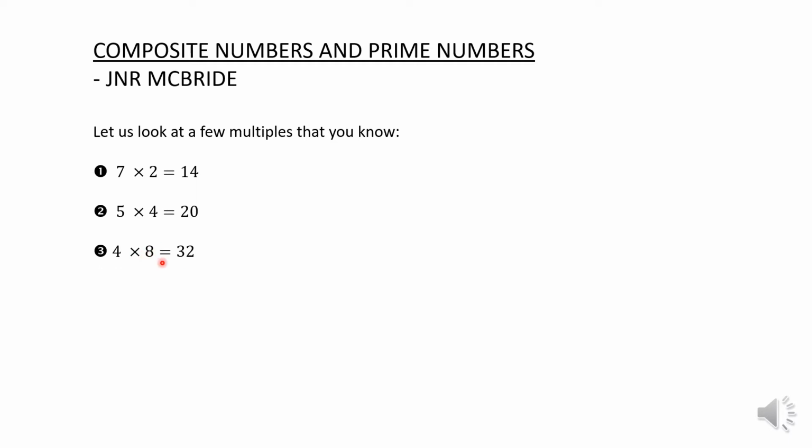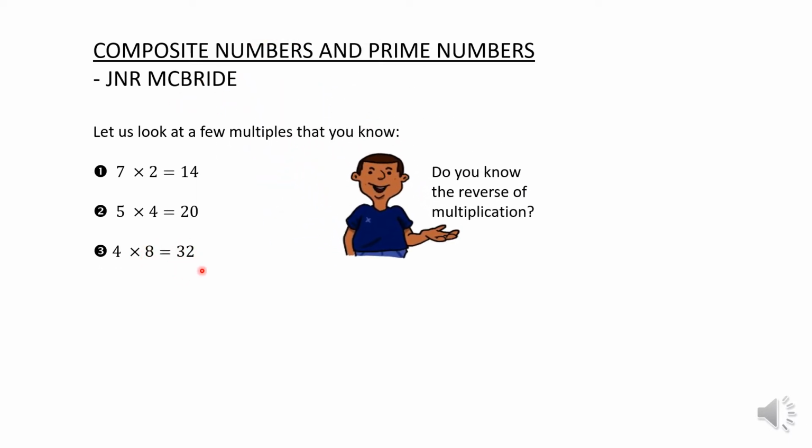So if you know multiplication, especially this basic multiplication of one digit times one digit numbers, you should also know the reverse of multiplication. And do you know what is the reverse of multiplication? Yes, of course, it's division. If you look at this 14 and you divide it by 2, you get 7.